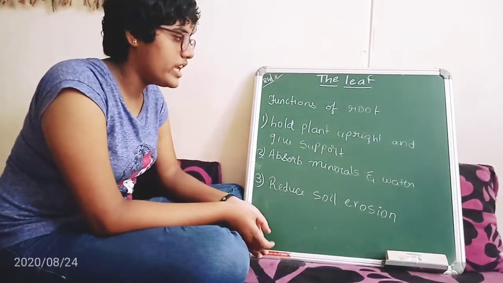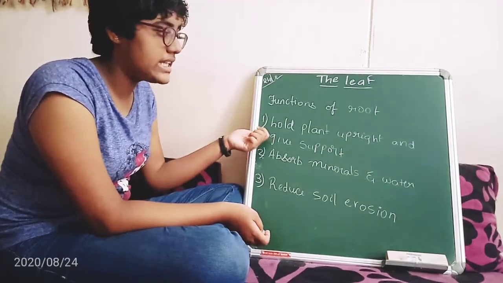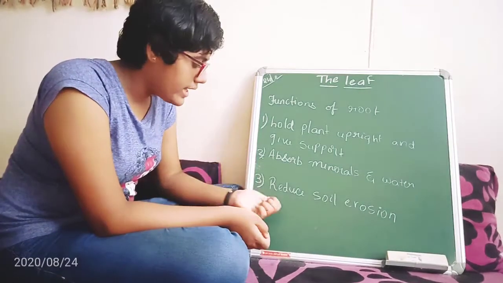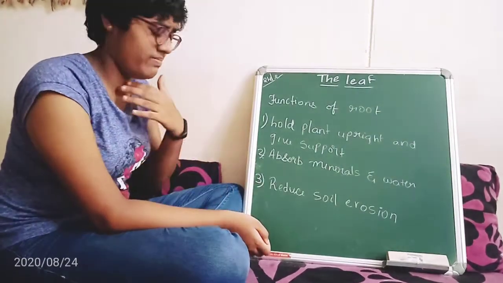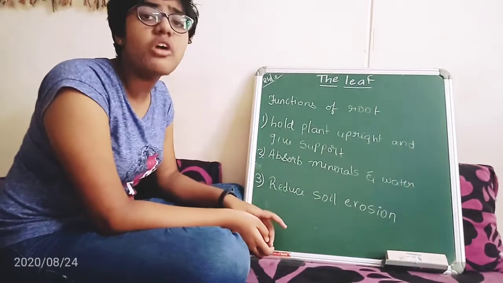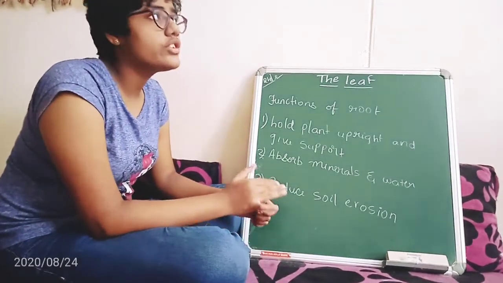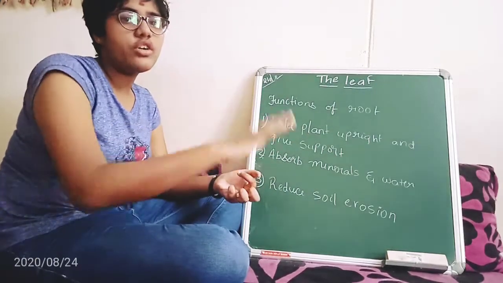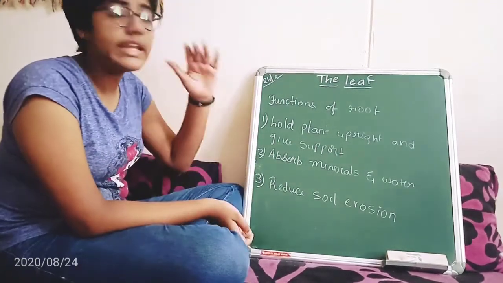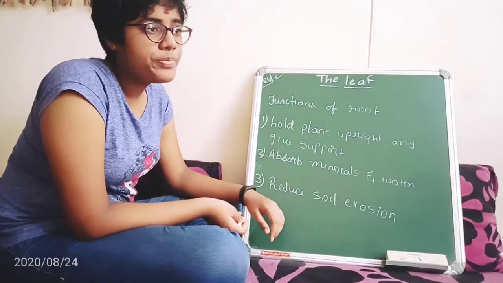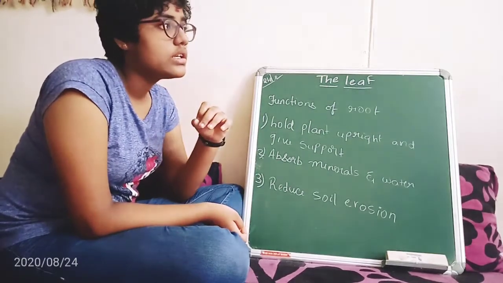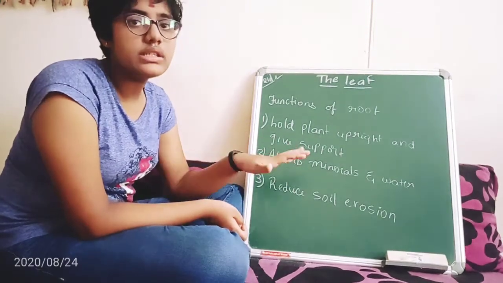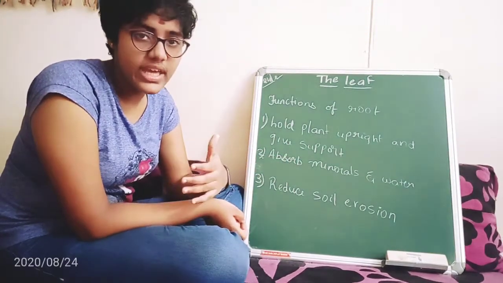And reduce soil erosion. From the first I have said that the root holds the soil. It reduces soil erosion. Soil erosion means nothing but washing off the soil. Soil has many layers. When the rain falls, if the trees are not grown, the soil gets washed away.